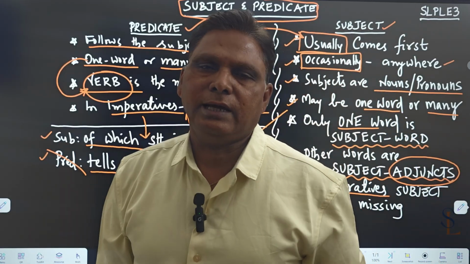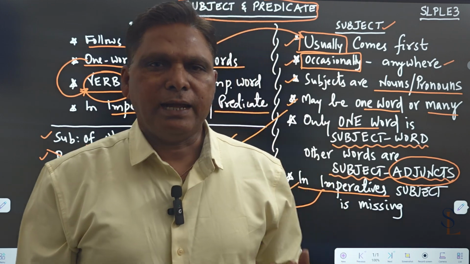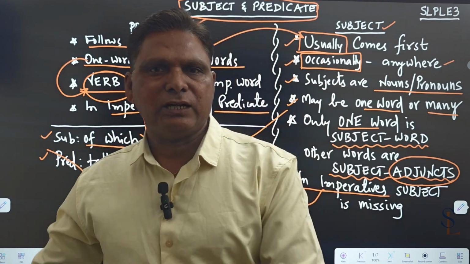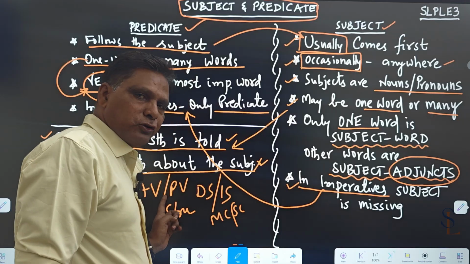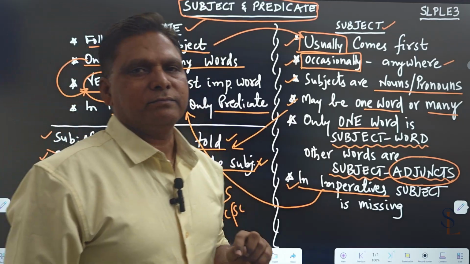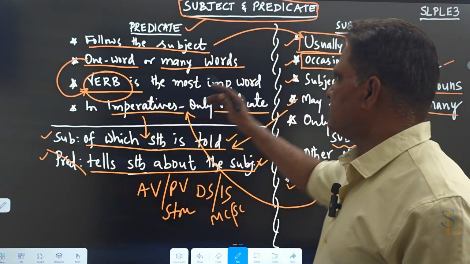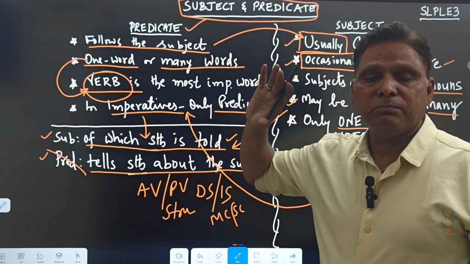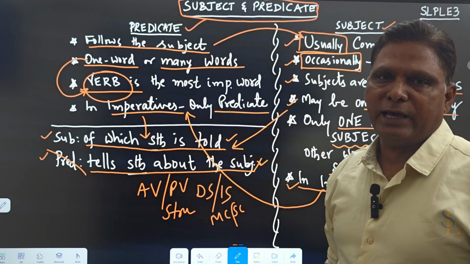So use more time and practice more. Don't worry about active and passive; that will come to you naturally when you master these two words, subject and predicate. So subject and predicate are the most important parts of the English language.